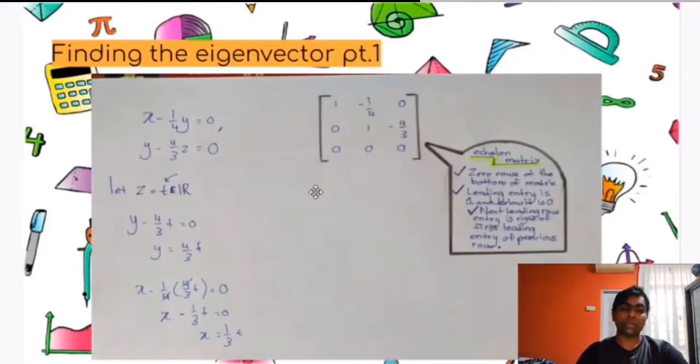So the next step is to derive two equations from our echelon matrix. So the first equation is x minus 1 over 4y equals to 0, and y minus 4 over 3z equals to 0 from row 1 and row 2 respectively. Now we can see this echelon matrix has a rank of 2 because there are 2 non-zero rows.